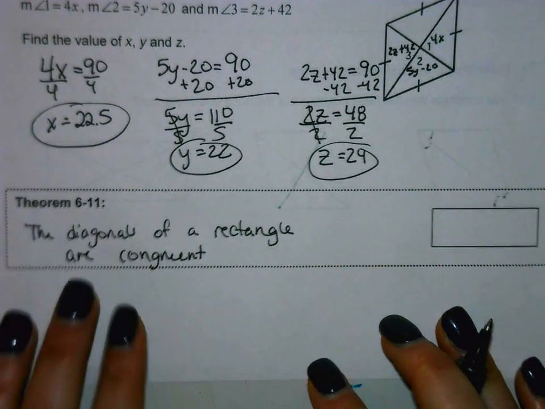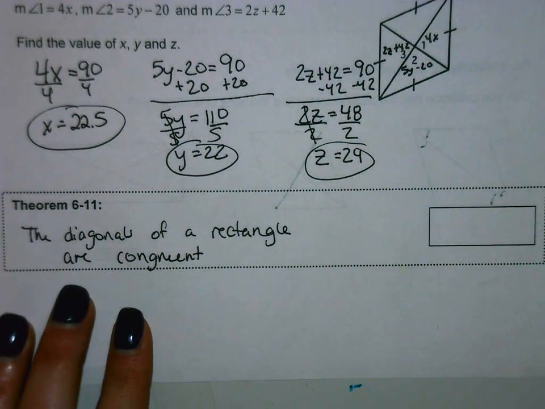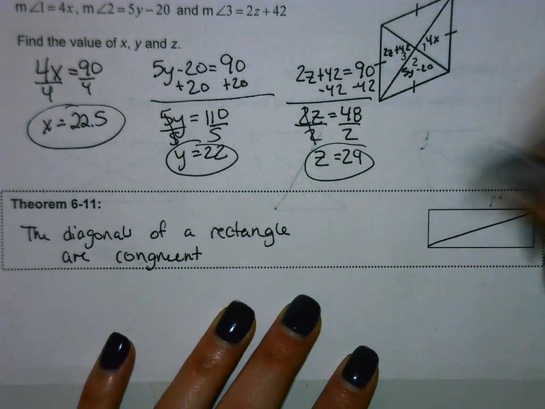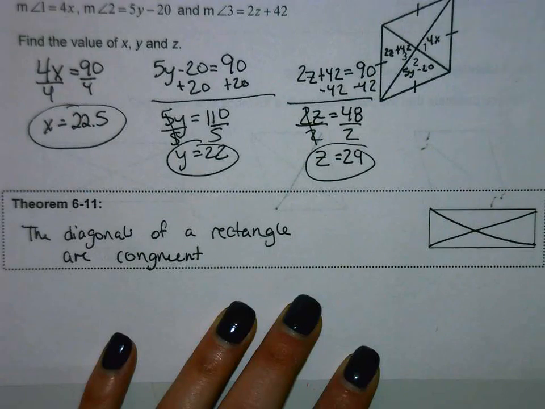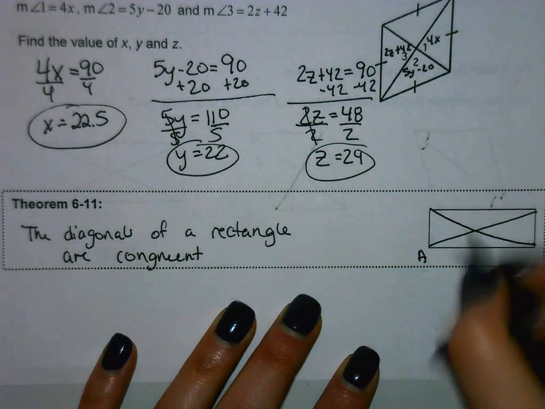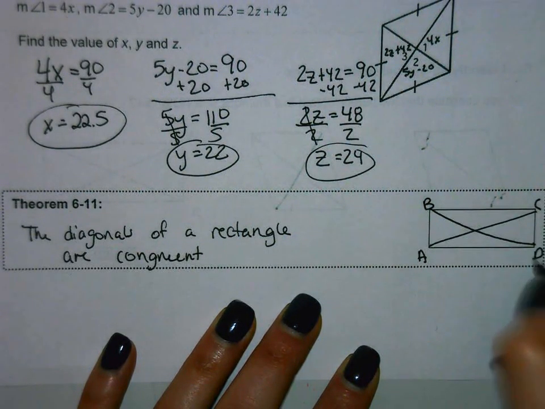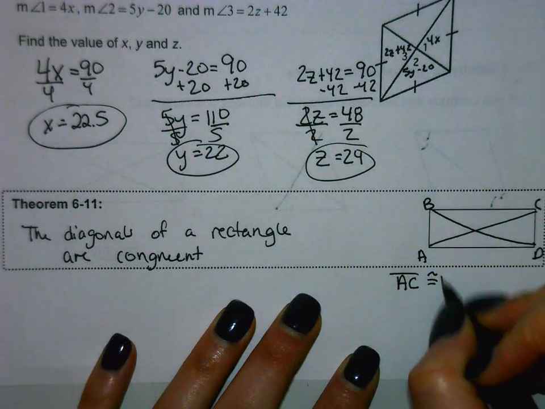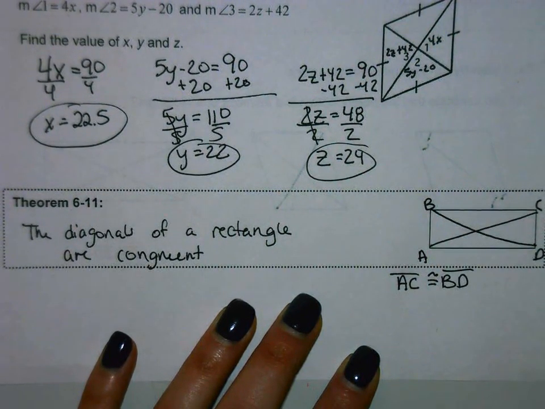Theorem 6.11 states that the diagonals of a rectangle are congruent. So if we have both of our diagonals, we know we have rectangle ABCD. We then know that diagonal AC is congruent to diagonal BD.